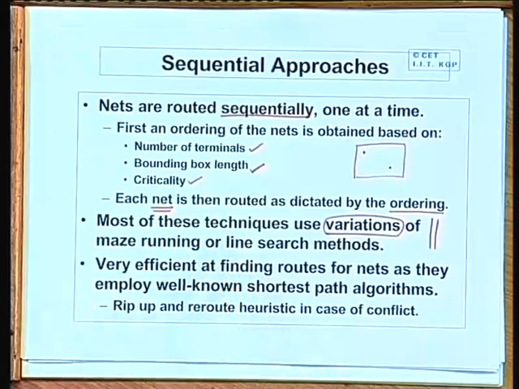One variation which people use is that in a typical graph algorithm for finding the minimum cost path, you explore the different paths and find the absolute minimum cost path. But another important criterion is that you find a path where the number of bends across the channels is also minimized. So that may be a modification to the basic shortest path algorithm you may want to have. All those modifications are there.